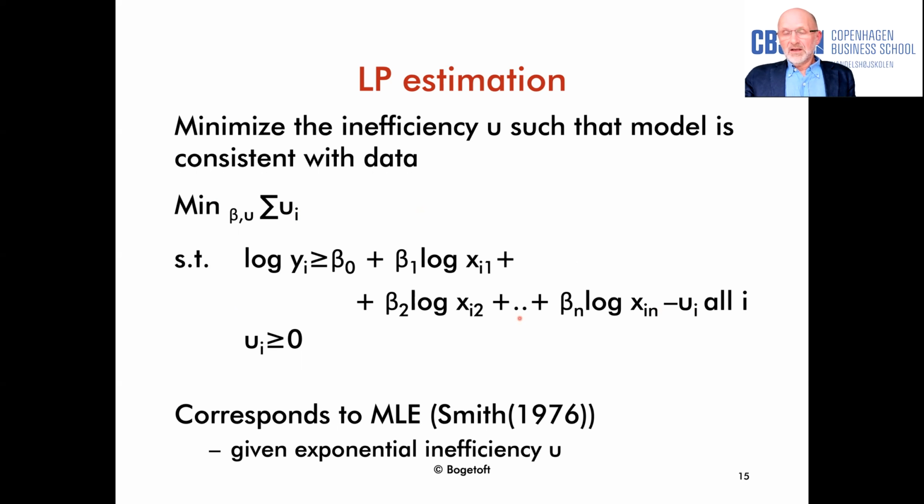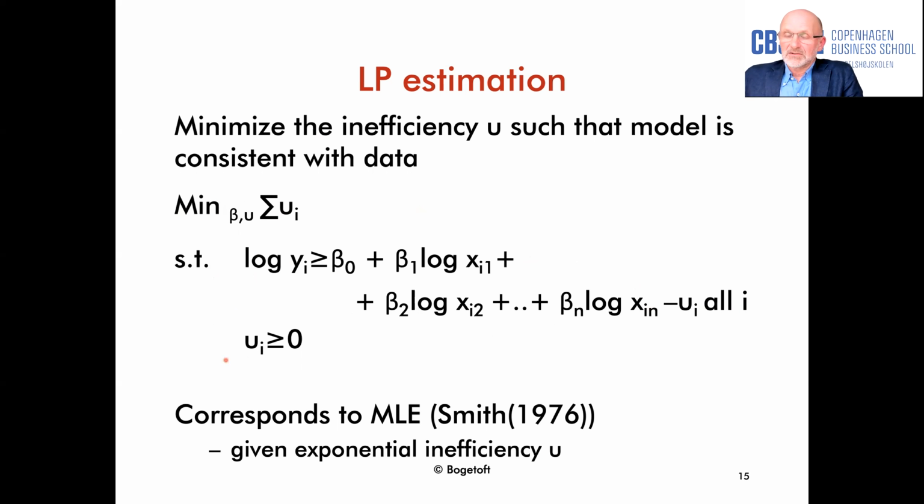You can do that. And technically, that's an easy problem to solve, because really, this is just a linear programming problem. You need to find the betas, and you need to find the u's such that those linear constraints hold, and you have one constraint for each firm in the organization. So you can solve this linear programming problem easily.